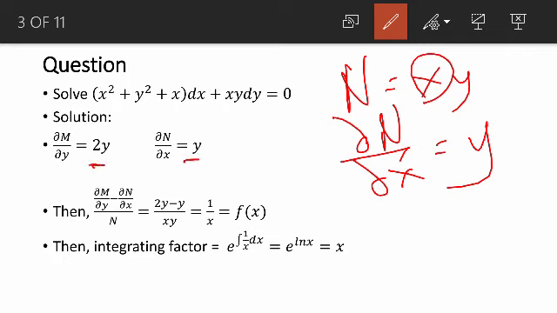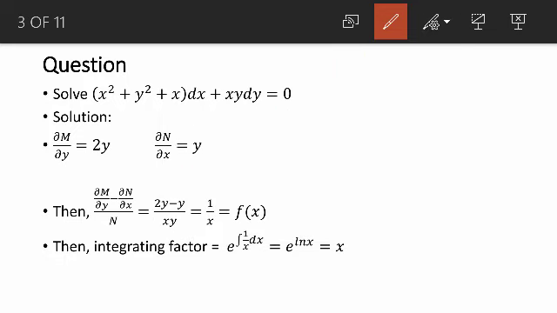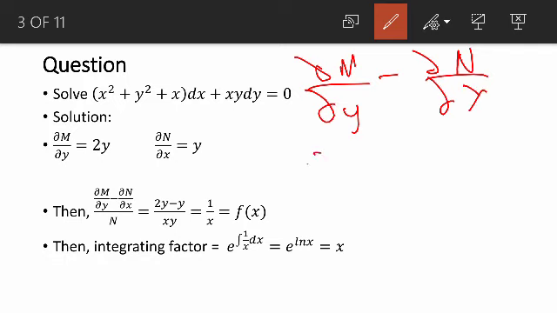Now if you look at it, this is not exact, because for an equation to be exact, the partial derivative of M with respect to y must be equal to the partial derivative of N with respect to x, but they are not equal. So what we do first is subtract them: the partial derivative of M with respect to y minus the partial derivative of N with respect to x, which gives 2y minus y, equal to y.